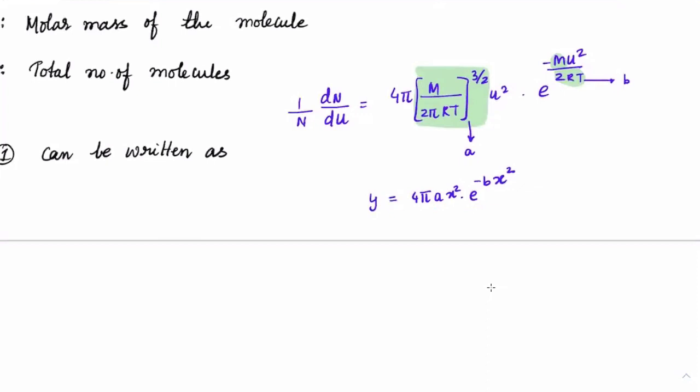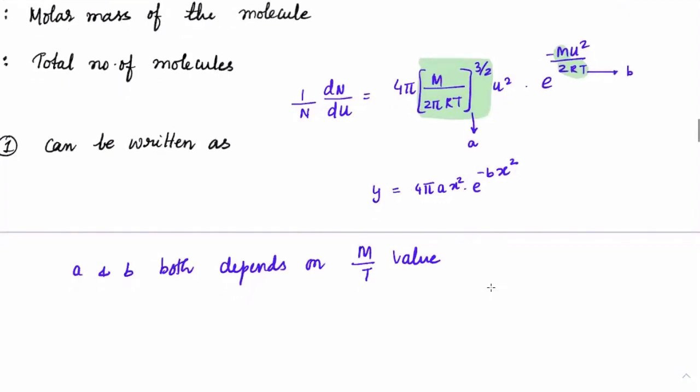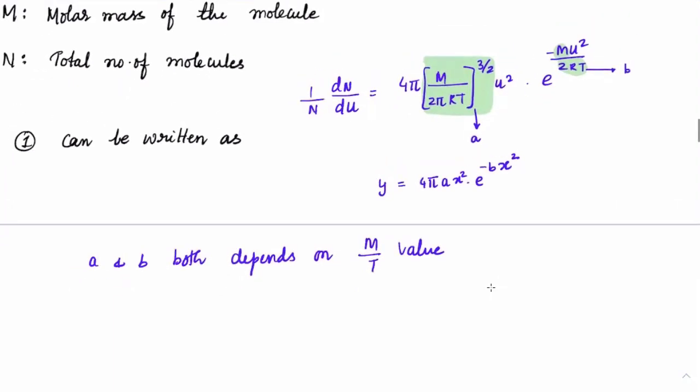Okay, guys. Now, if you observe, this a value and b value, both of them are dependent on the m by T ratio. Okay, what is this dn by n? dn was the particles present between u and u plus du. dn by n means fraction of particles present.